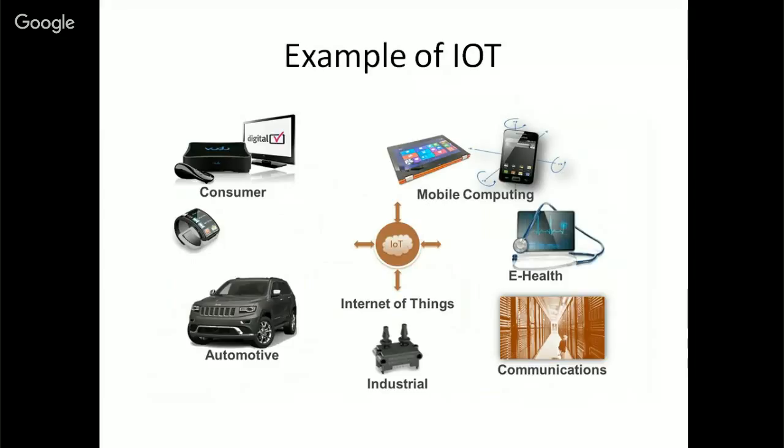Industrial sectors definitely will be benefited, or are getting a lot of advantage from internet of things. So these are a few examples that I've tried to show, but we can think beyond them.